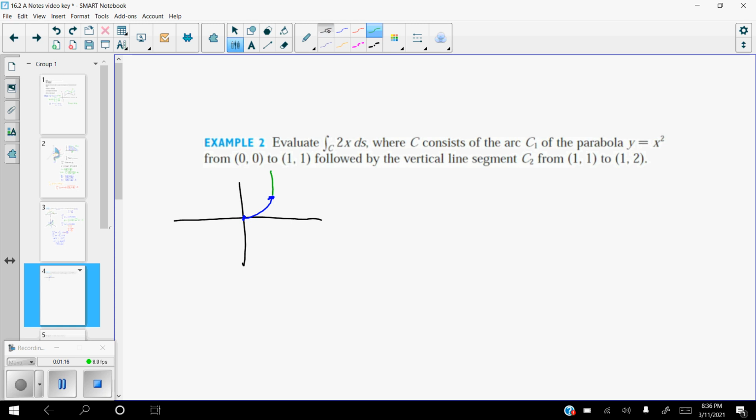So if we look at it in 3 dimensions, let's see if I can keep the colors consistent here. The blue part down here from (0, 0) to (1, 1), and then the green part extending from (1, 1) to (1, 2). So the idea is whatever this curve looks like, 2x specifically, it's going to look something like this.